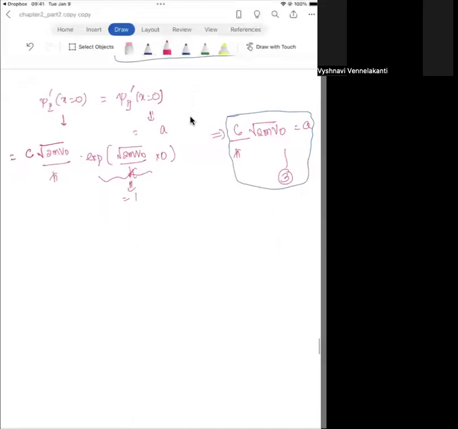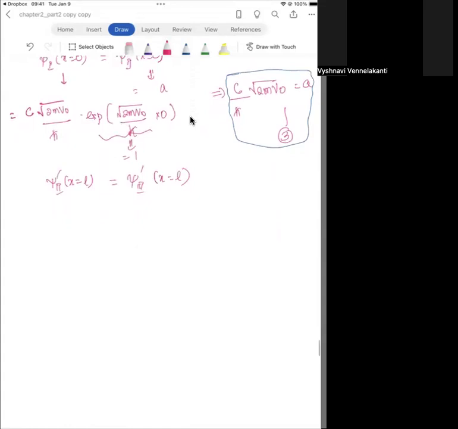Now for the last equation, we have this. So we know that this is equal to A, that's a constant.